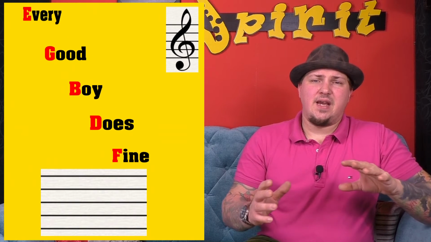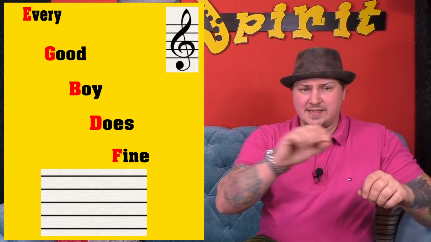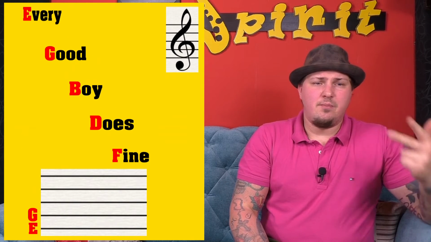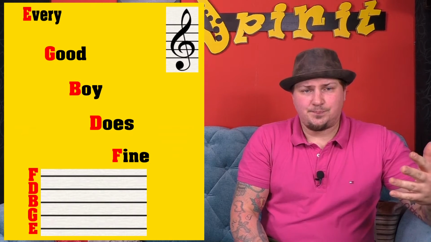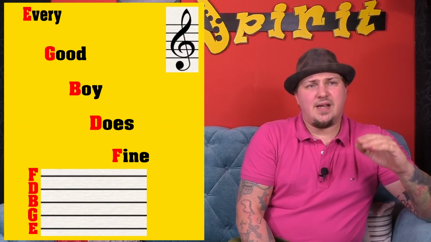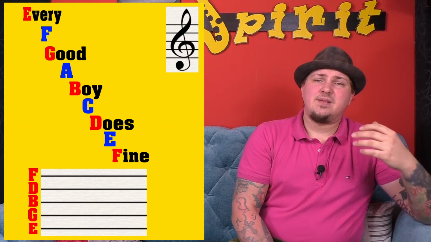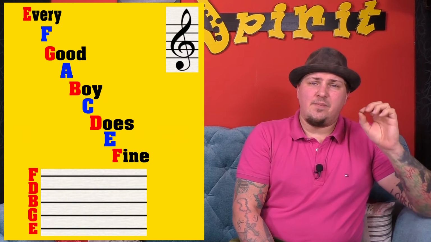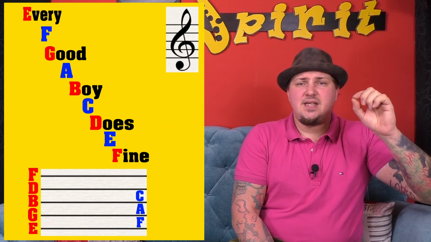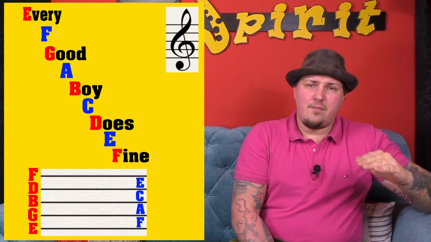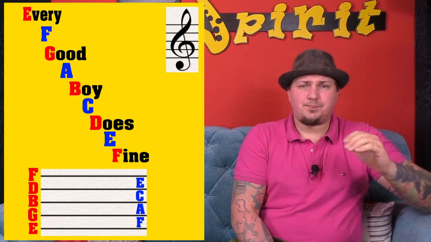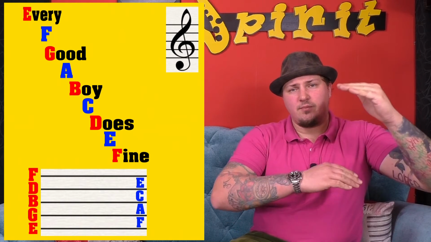It means that the notes on the lines are E, G, B, D and F. And for the spaces between the lines, we have the word face. This means that the notes F, A, C and E from the bottom are the notes between the lines.